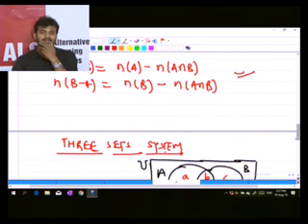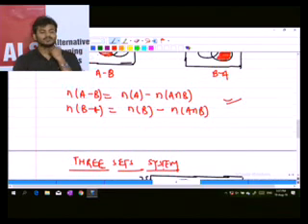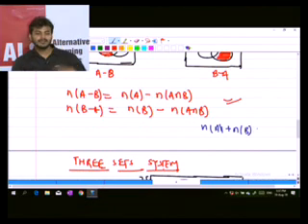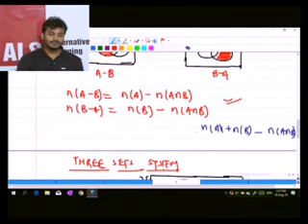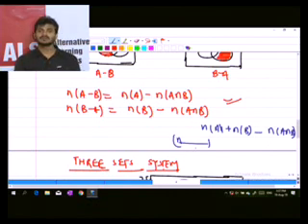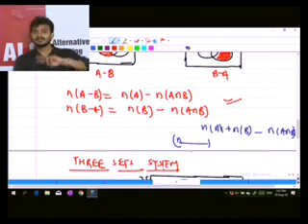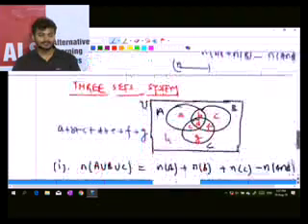So guys, do you remember in case of two sets, what we were doing? We were adding NA plus NB minus the common part. Now in case of 3, we will be adding A plus B plus C, then we are subtracting. What happened when you subtracted?